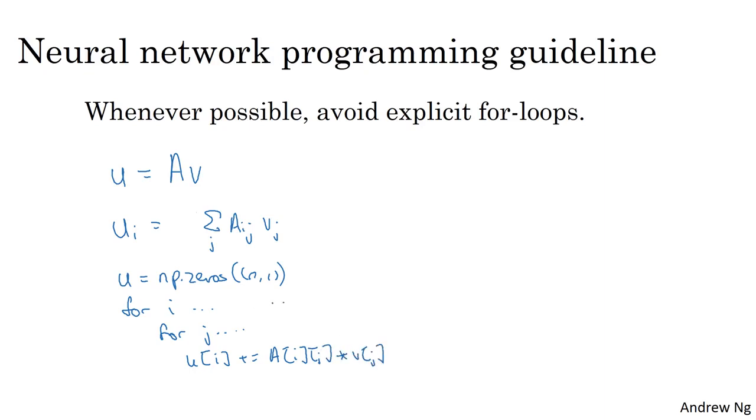So now this has two for loops, looping over both i and j. That's the non-vectorized version. The vectorized implementation would be u equals np.dot(A, v). The vectorized version now eliminates two different for loops and it's going to be way faster.